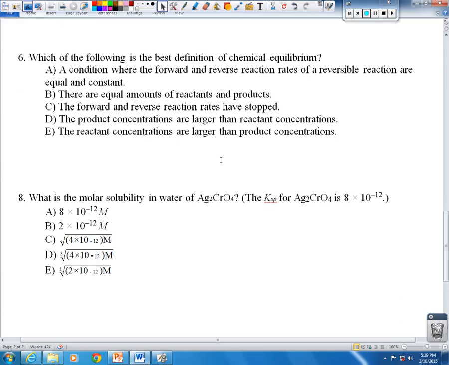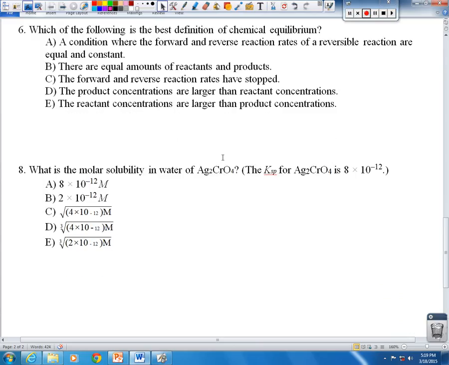All right, which of the following is the best definition of chemical equilibrium? There are equal amounts of products and reactants? This is definitely not true. The forward and reverse reaction rates have stopped. Nope. What kind of reaction would that be? Completion.